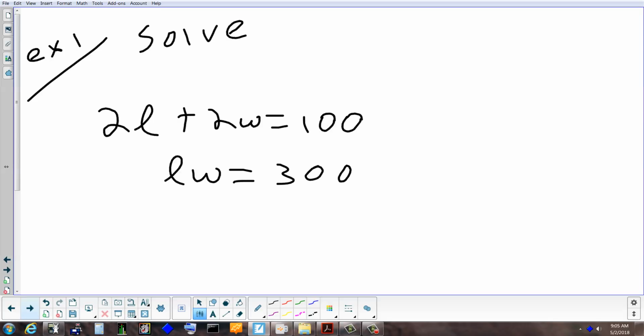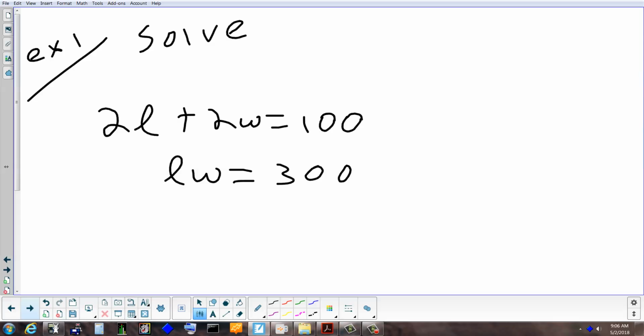The top equation or the bottom? Yeah, I would say the bottom, because anytime you have variables with coefficients of 1, usually you just have to do one step to get it by itself. If you've got a coefficient of 2, then you've got to move whatever else is not that variable, and then you've got to deal with the 2. So let's deal with the bottom one.